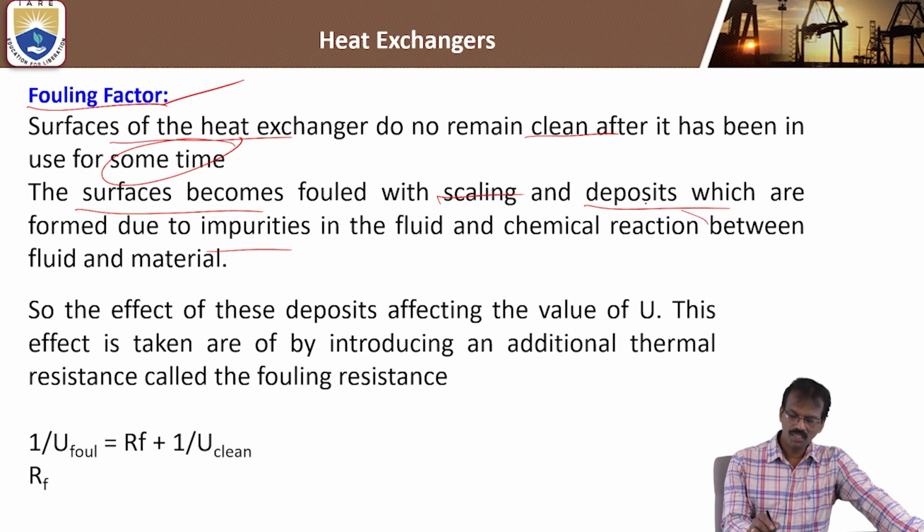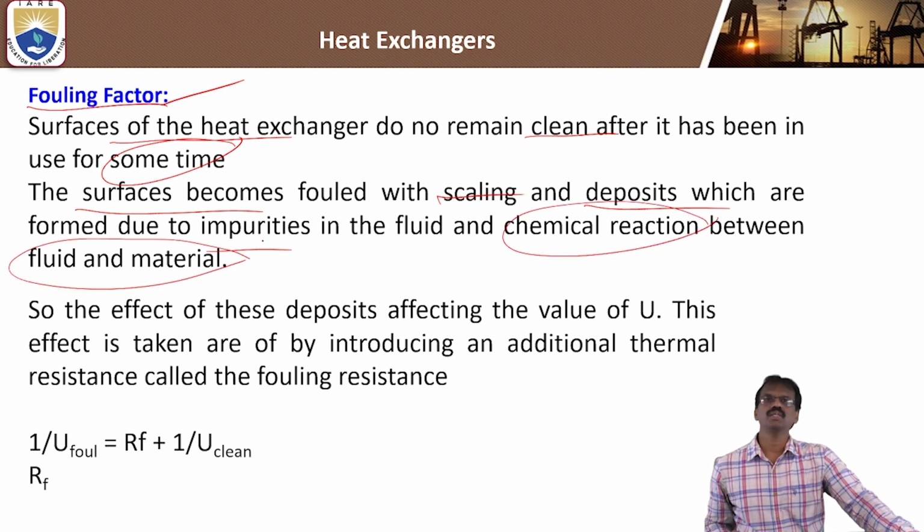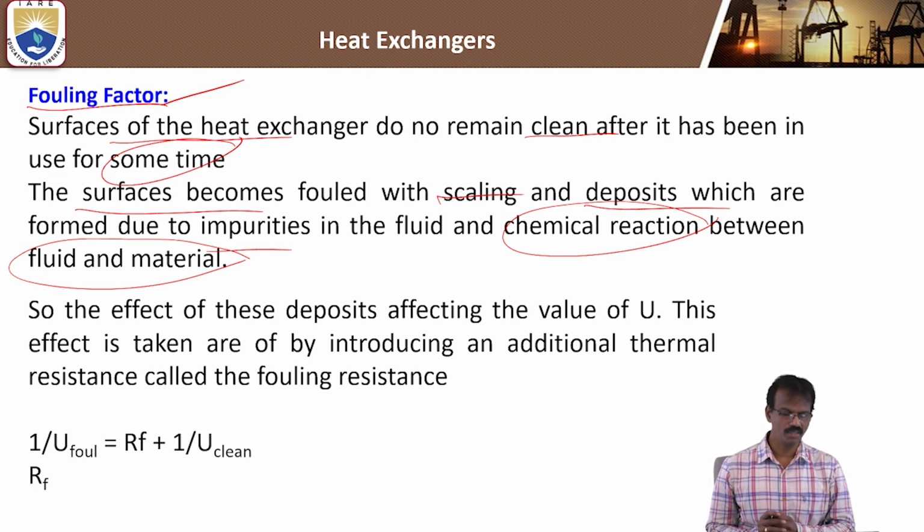A chemical reaction takes place between the fluid and the material: the impurities in the fluid chemically react with the surface material, and then scaling, deposits, and sludges are formed on the surfaces. Because of that, the thermal resistance will increase because the conductivity of that material will decrease.